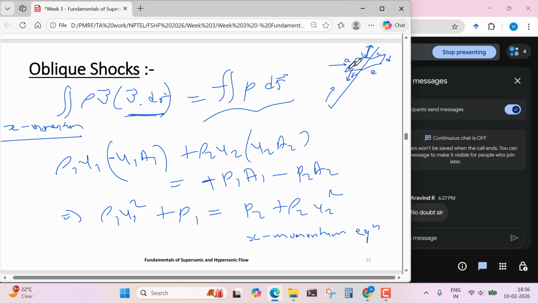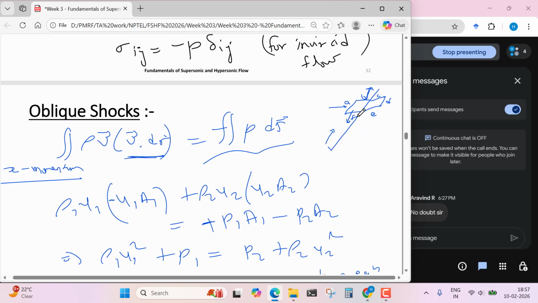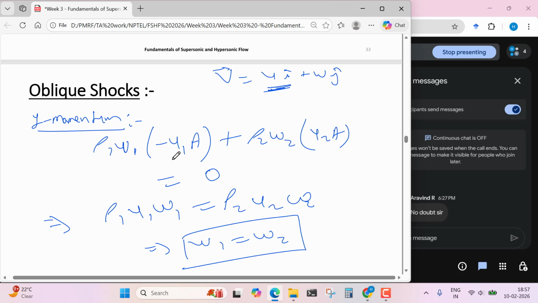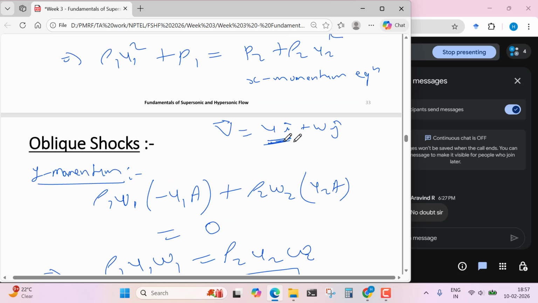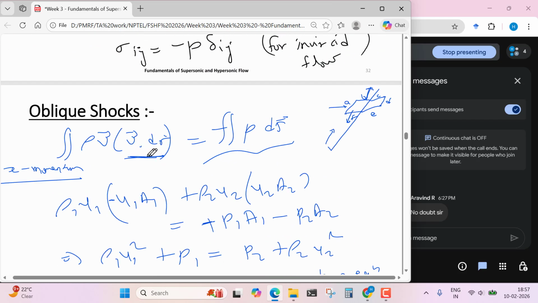So along the surfaces A and D, V·dS will be only along the surfaces A and D, with values equal to minus u1 A1 and u2 A2.